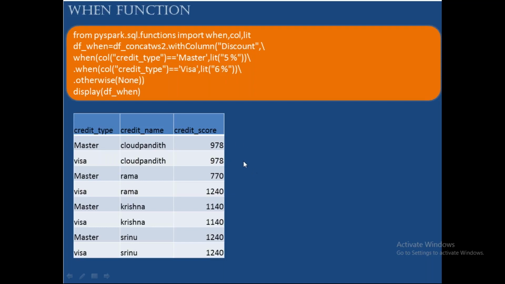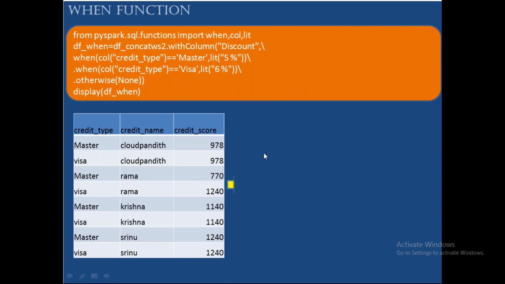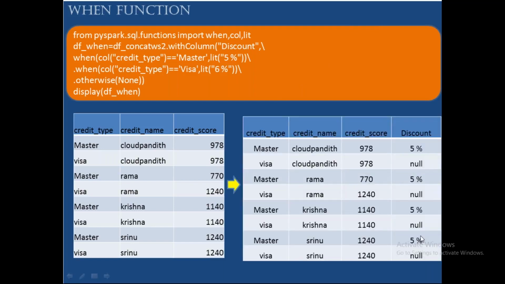Can you tell me what value I will get against this? Against visa what value I will get? Against master what value I will get? Okay, for visa, it should be 6%. For master, it should be 5%. Yeah, fine, that's good.